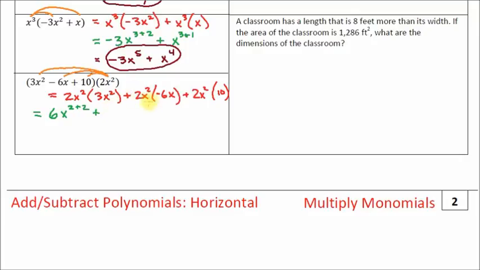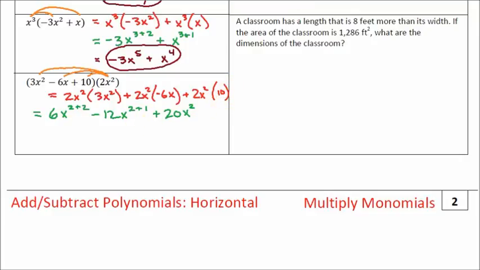Then we've got a positive 2 times a negative 6, which is negative 12. x squared and x to the first is x to the second power plus the first power. And now we've got the coefficient 2 times the constant 10, that's plus 20. And we don't have anything to multiply the x term by, so we just get x squared.